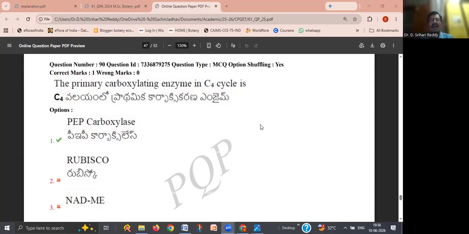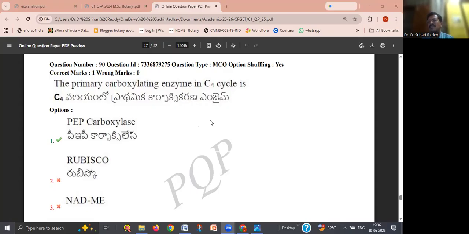That enzyme is called PEP carboxylase, because PEP, in the presence of carbon dioxide, forms OAA. The first reaction is like that: PEP plus carbon dioxide gives rise to OAA, oxaloacetic acid, a 4-carbon compound. So that cycle is named the C4 cycle.